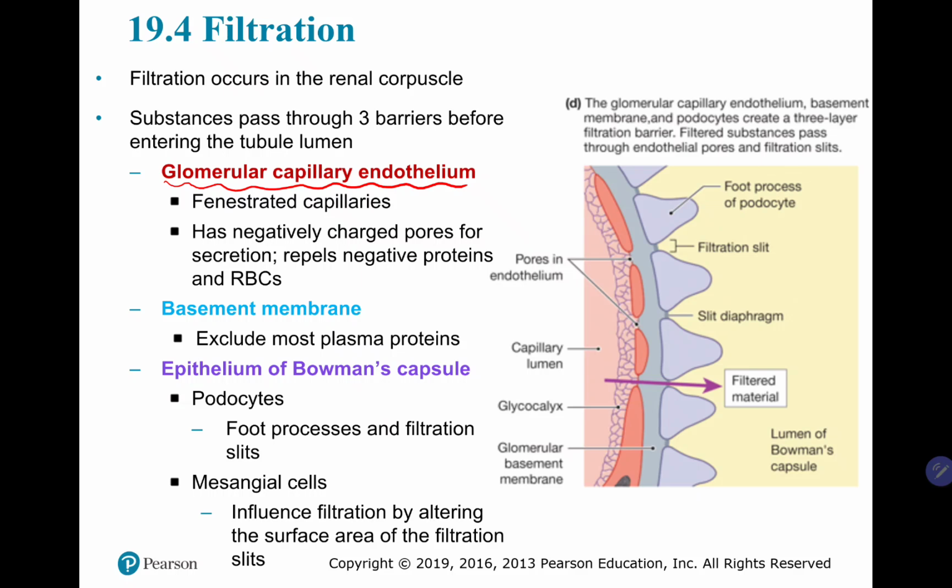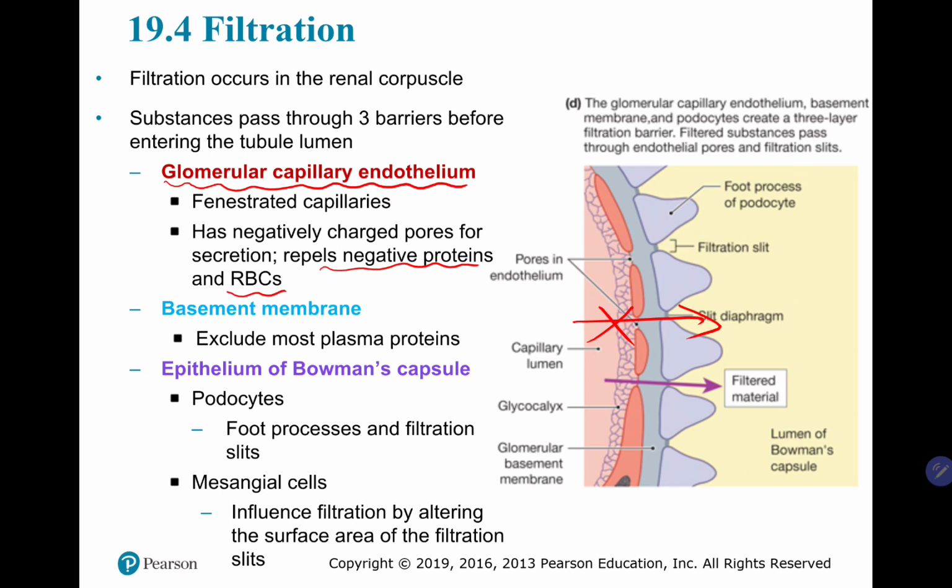And remember, these are going to be fenestrated capillaries, so they're going to be porous, okay? Now, it has negatively charged pores. So these negatively charged pores are going to repel those negatively charged proteins and red blood cells, meaning red blood cells and proteins are not going to go through, because they're repelled. Number 1, that's the first barrier.